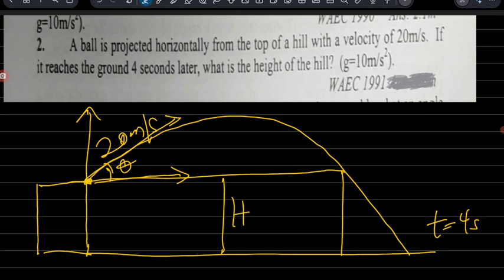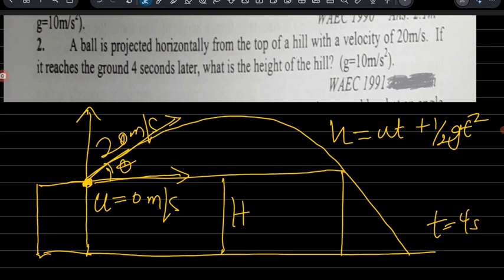At this point, the initial velocity has no value because it started here. The velocity has nothing to do with the height of the hill. So at this point, when it started, the initial vertical velocity is equal to 0 meters per second. And from the equation of motion, h is equal to u t plus half g t squared, it is what you are going to use. u is equal to 0, so 0 times t plus half g t squared.